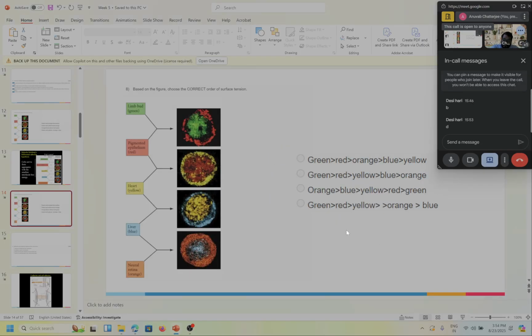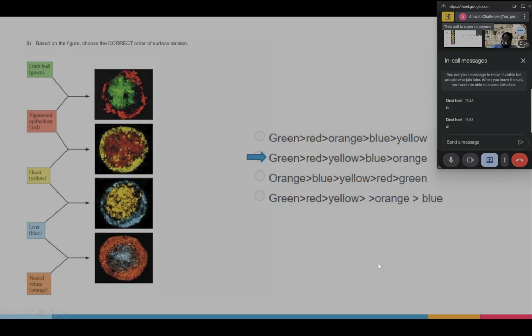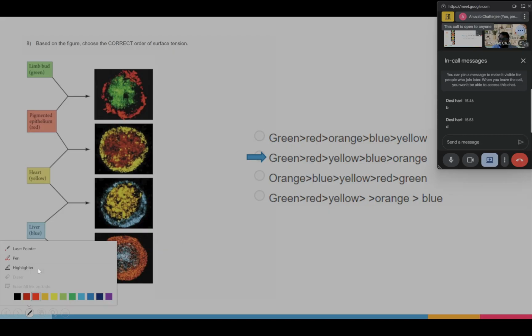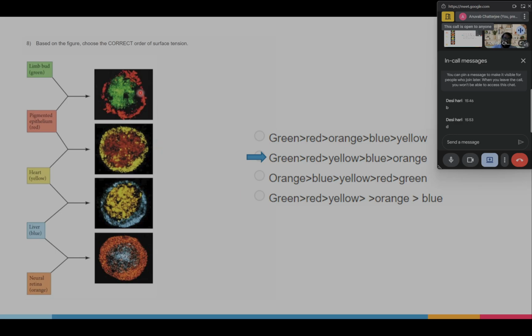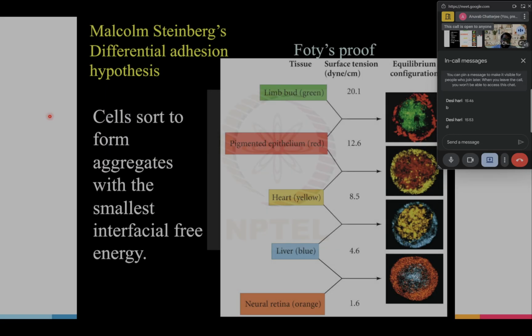So the correct option is option B: green, red, yellow, blue, and orange. Any questions from this? The one that goes to the interior has higher surface tension. We just saw this diagram as well. You can see that the surface tension is just given here: 20, 12, 8, 4, and 1.6. So this is just the order.